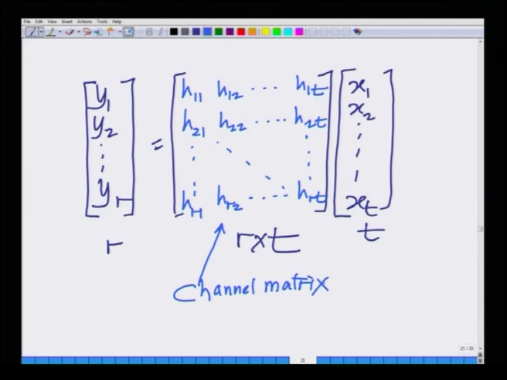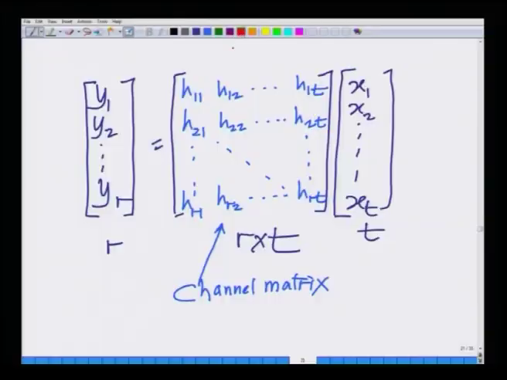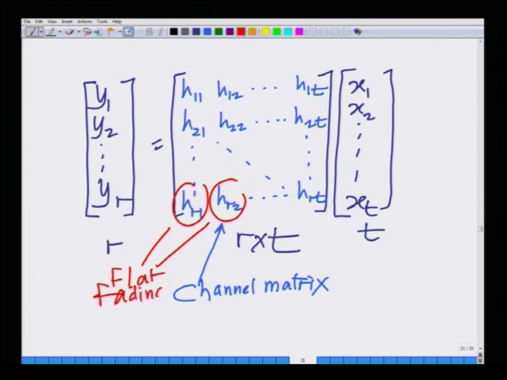Each entry of this channel matrix is a flat fading coefficient. All right, H11, H12, H21, all these are flat fading channel coefficients.